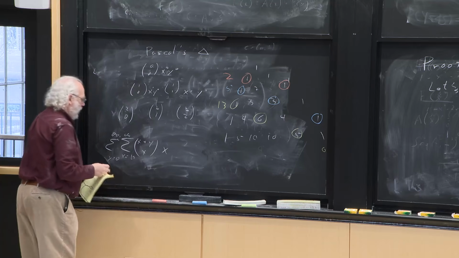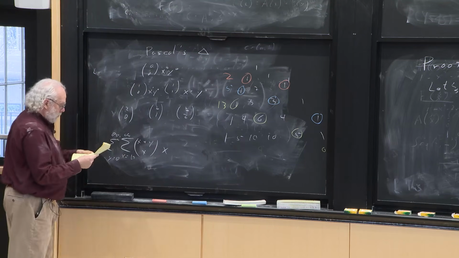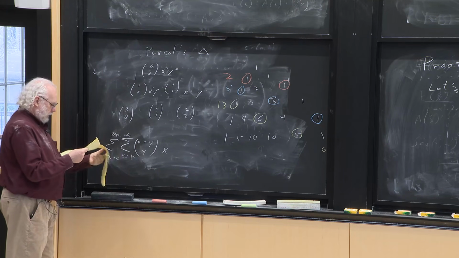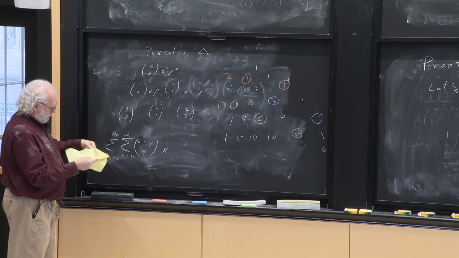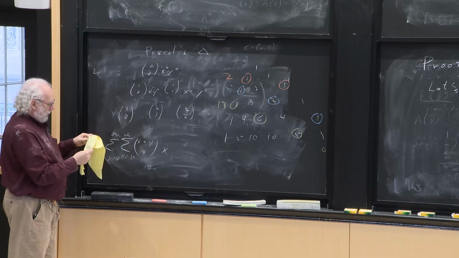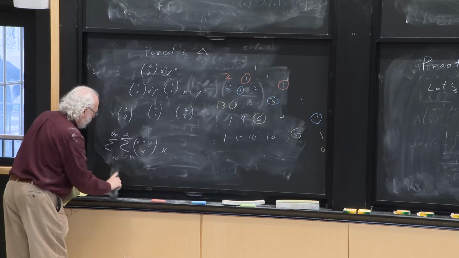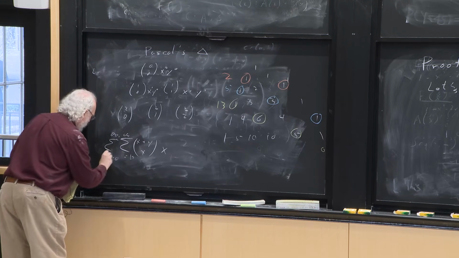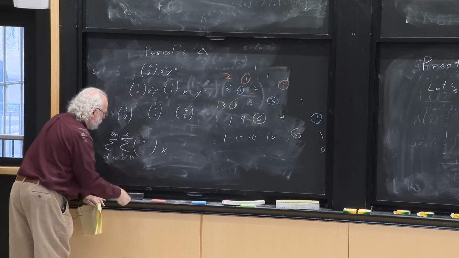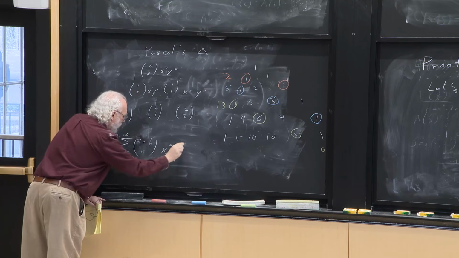Okay. I am not looking at my notes because in my notes I'm sure I did not use x for 2 different things. So let's see. Yeah. Sum a equals 0 to infinity, b equals 0 to infinity, a plus b, choose a, x to the a, y to the b.